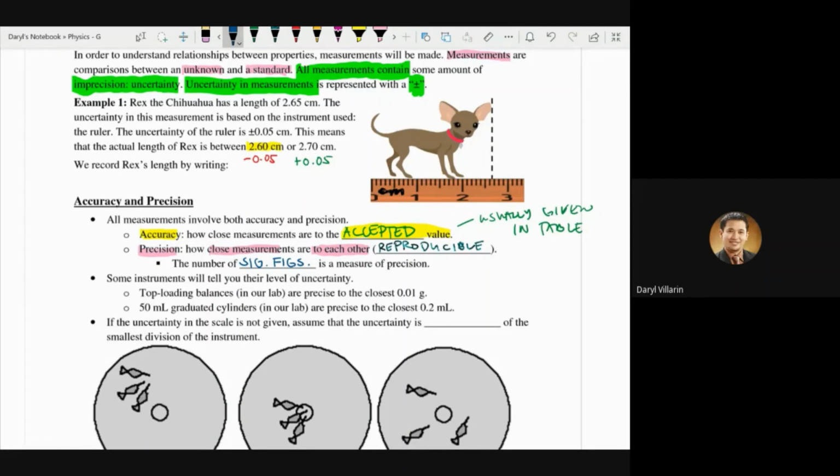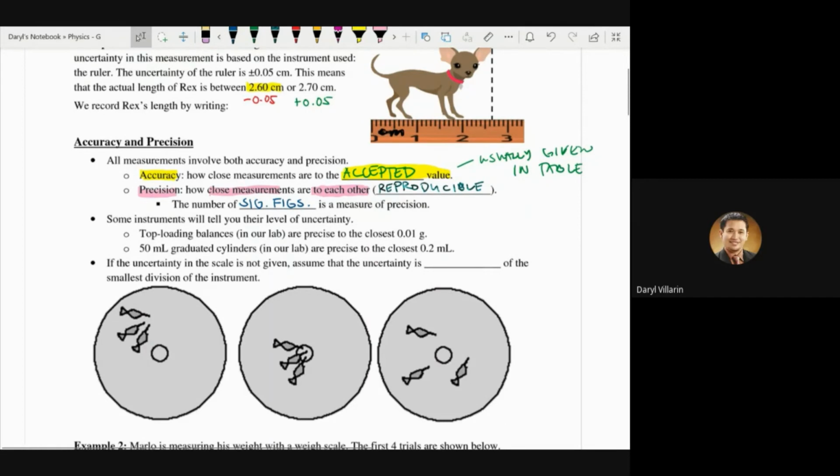Well, that particular measurement of yours using the other thermometer is highly inaccurate, because it's very far from the standard value of 38 degrees Celsius. So hopefully you have a good sense of the difference between accuracy and precision. Do you have any questions so far?